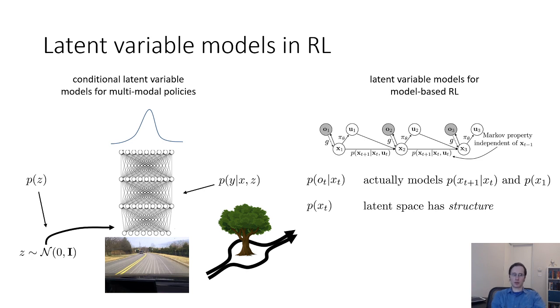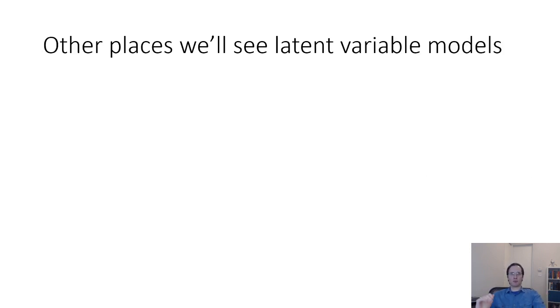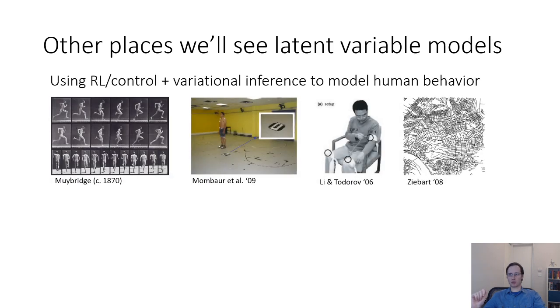All right. So now we've learned about what latent variable models are, what they're for, why we want to have them. We'll see latent variable models in other places. So next week, we'll also talk about how we can use reinforcement learning together with variational inference to actually model human behavior. So instead of saying, given a reward function, what is the optimal way to act, you can instead say, given data of a person doing something, can we sort of reverse engineer what the person is trying to do? Can we infer their objective function, infer something about their thought processes?